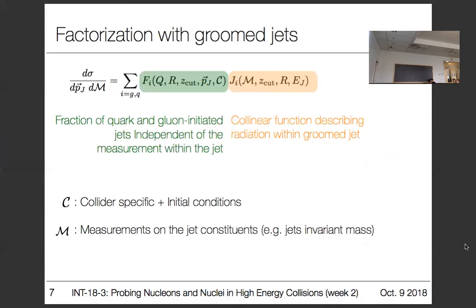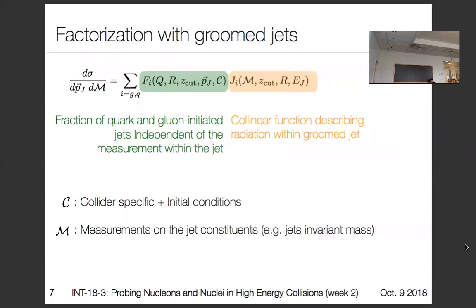And then you have the second jet function for your second jet. Now, we push everything else in here because, as I said before, the measurement only depends on the collinear radiation that is in the groomed jet. That's the only thing that we perform the measurement on. But the weighting function could depend on the collider, could depend on initial conditions, and could depend on any other factors experimentalists will put in.